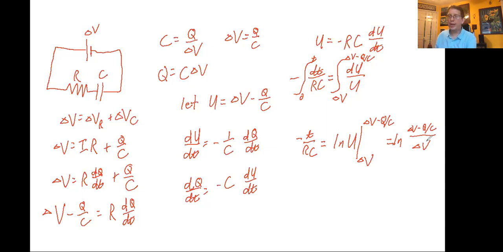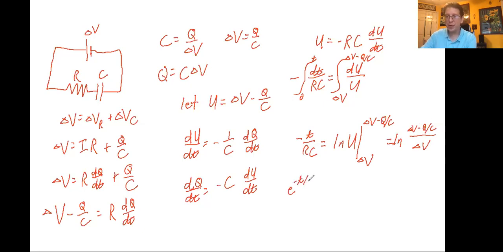And now we can take the exponent of both sides, take e to both sides to remove this natural logarithm.